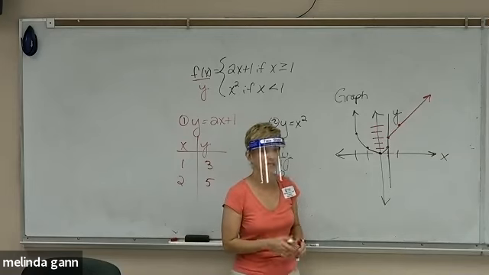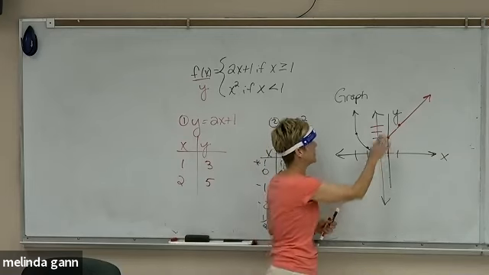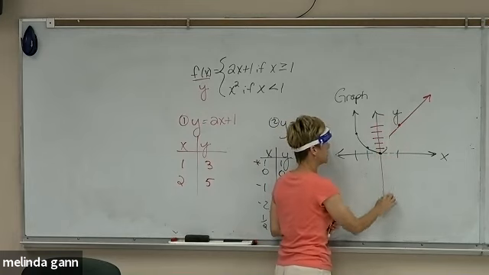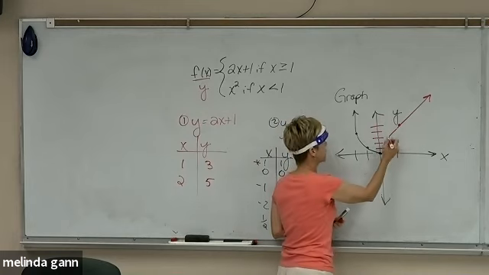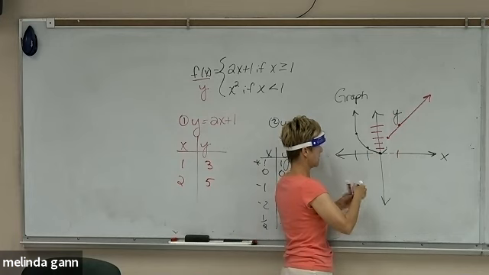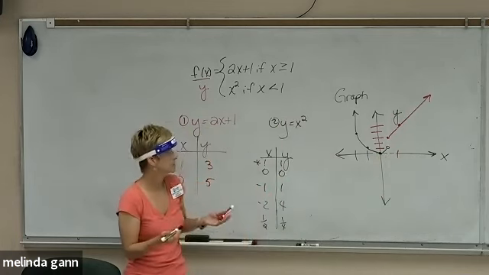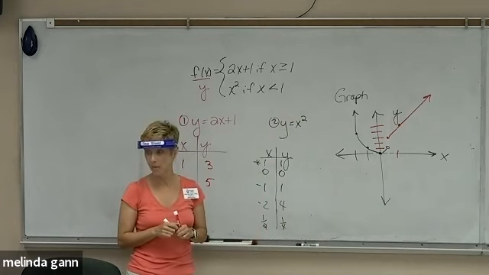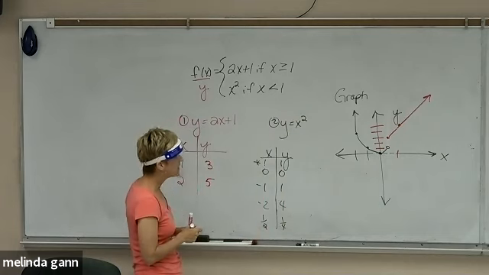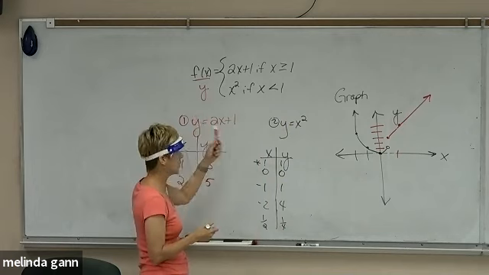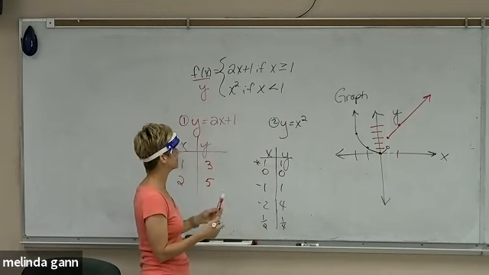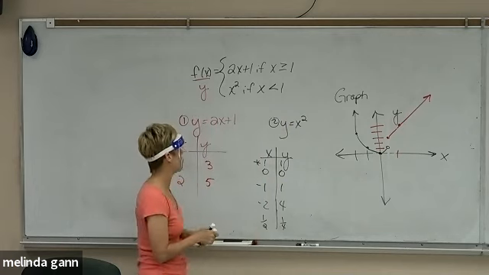Now, just because it's a piecewise function, sometimes the pieces connect and sometimes they don't. Now, in this one, they don't connect, do they? Everybody okay? But I can change them so that they do if I want to. Now, what do I mean by that?